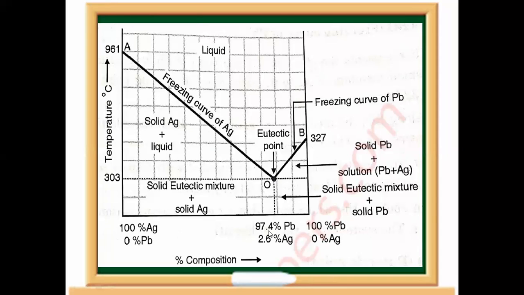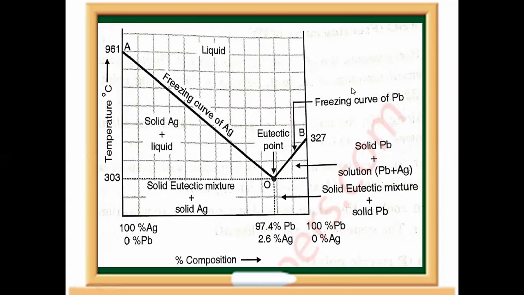It was found that the alloy consisted of 97.4% lead and 2.6% silver. This composition is called the eutectic composition because it is happening at point O. So this point O is called the eutectic point.